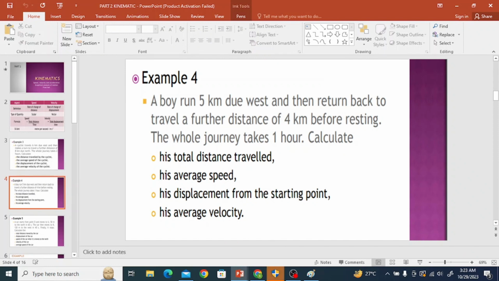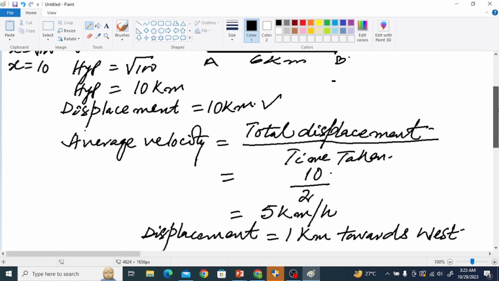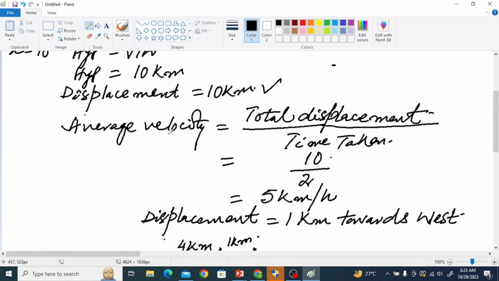Now if we are going to find the average velocity, the formula for average velocity that we have also discussed in the previous example is total displacement covered divided by total time taken.